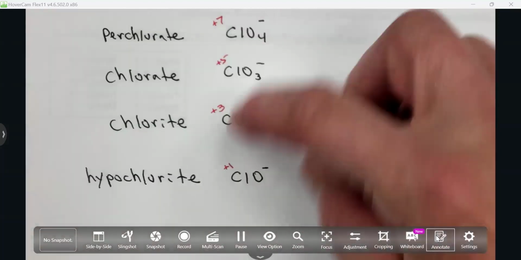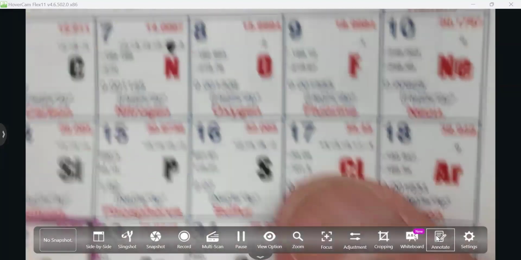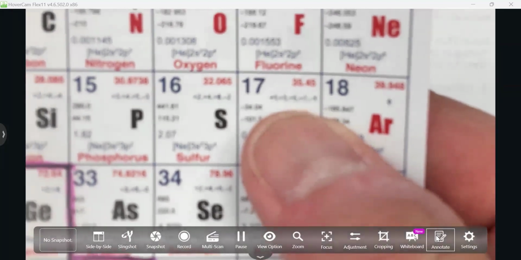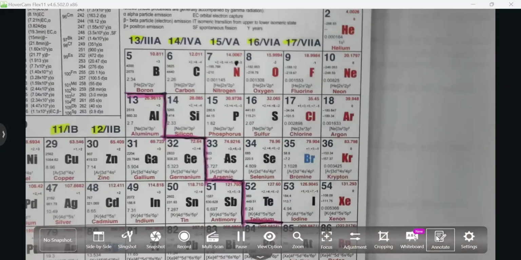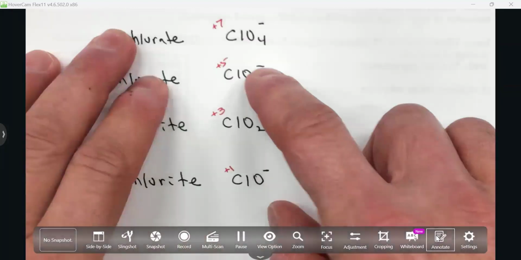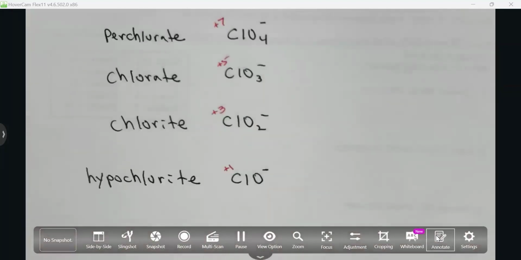And if we look at our periodic table, we got 1, 3, 5, 7, and a -1 if it's negative. So when you see polyatomic ions, they are made up of 2 or more ions, but they stay bonded together, so you treat them as one unit. So let's go to page 3.